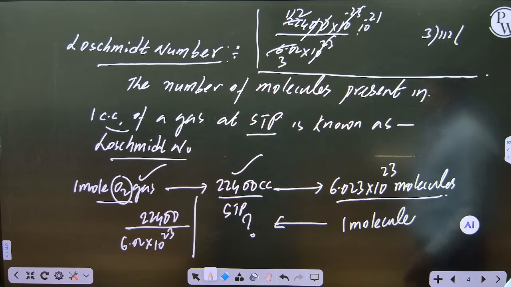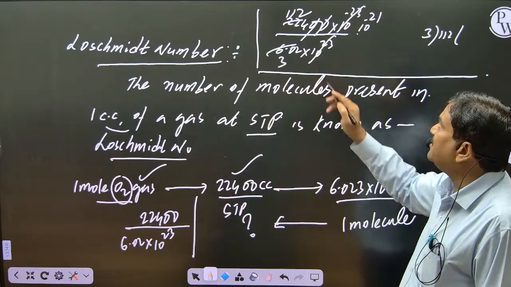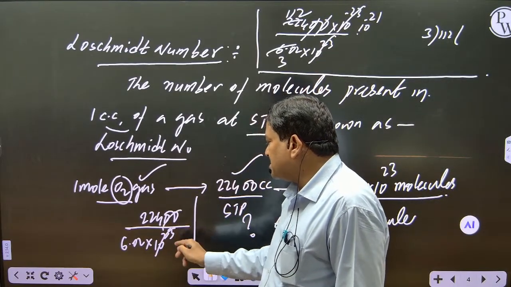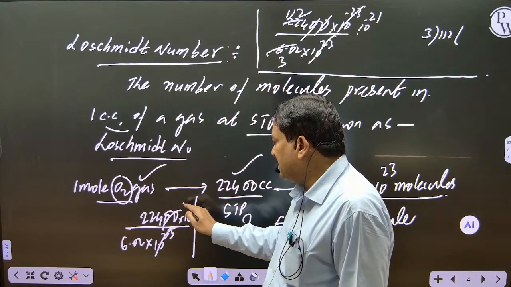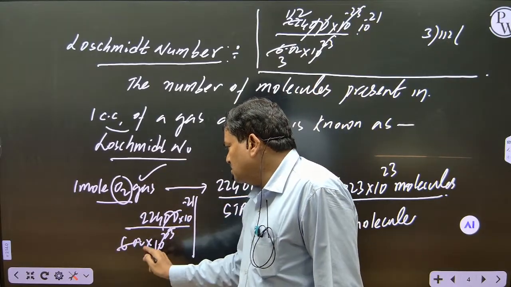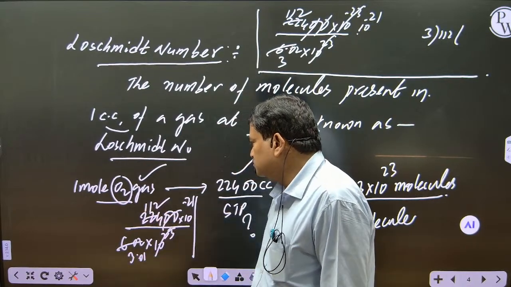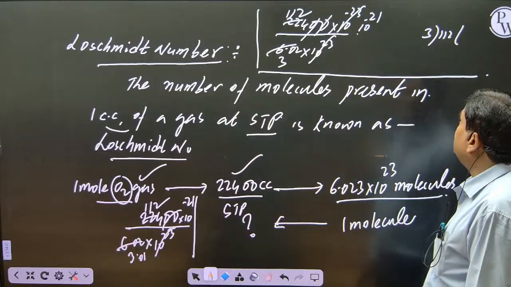Simplify it, how much do you get? 22,400 by Avogadro number. When I bring 23 to the numerator, this becomes 10 power minus 23, and 10 power minus 21 it comes. So divide 112 with 3.